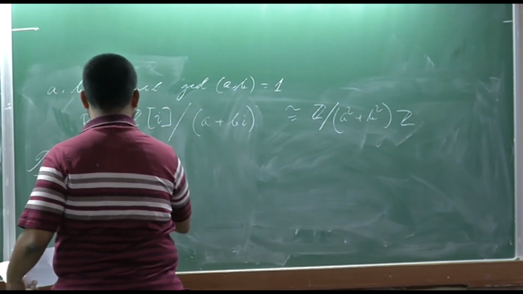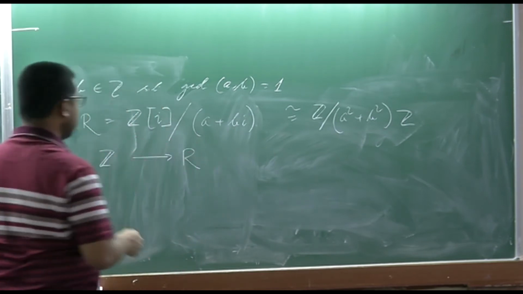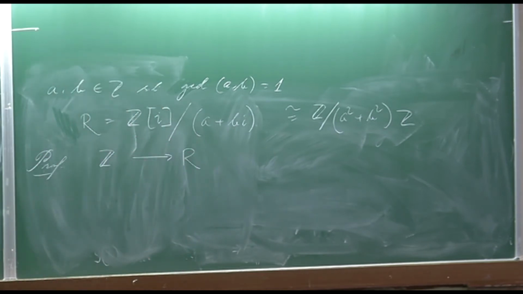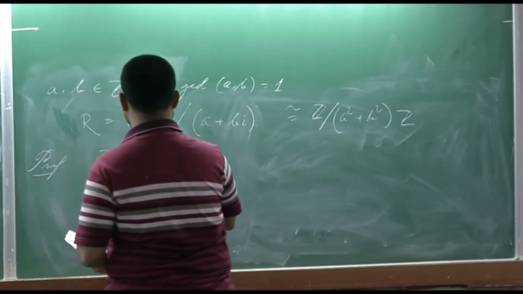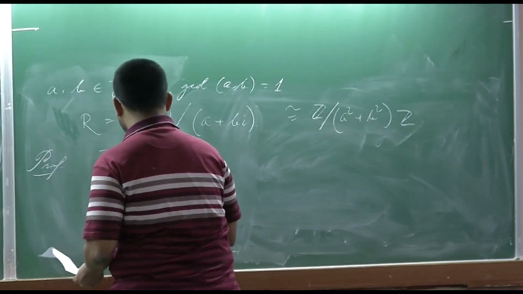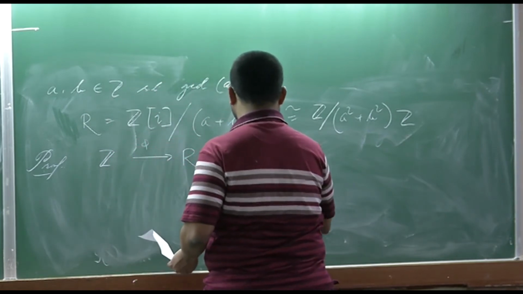So, from Z to R, given any ring R, from Z to R we have a unique homomorphism, right. So, we consider that homomorphism, and so therefore, how is this defined?